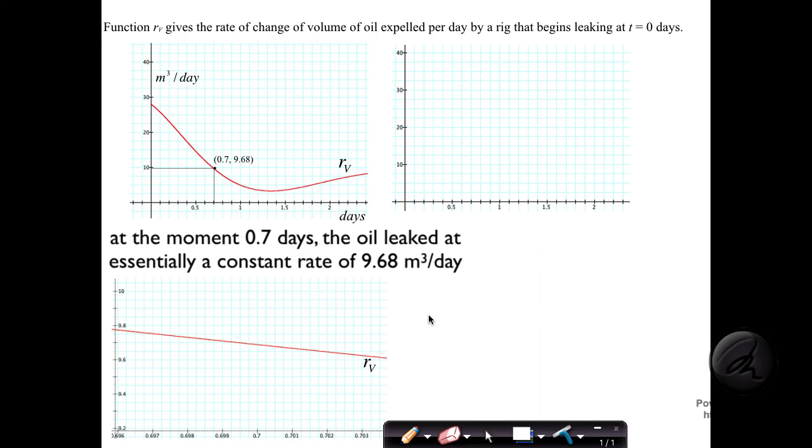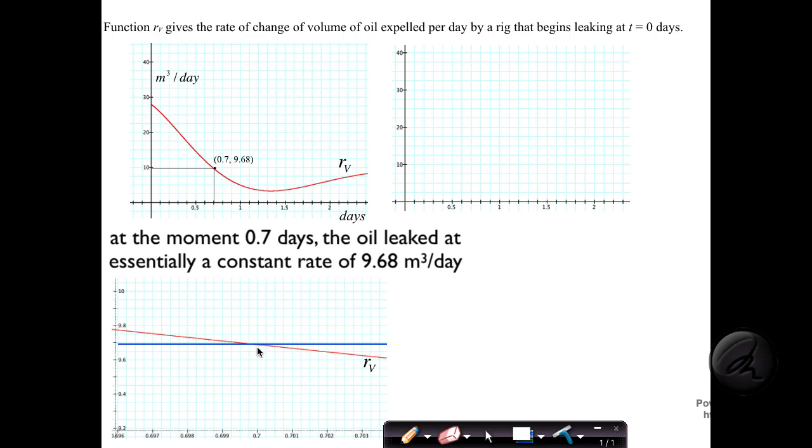So it's near constant right around time 0.7 days. The rate does change from closer to 9.8 to closer to 9.6, but right around 0.7 you can imagine this rate is maybe 9.7 cubic meters per day of oil leaking.